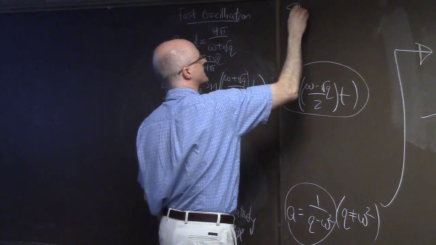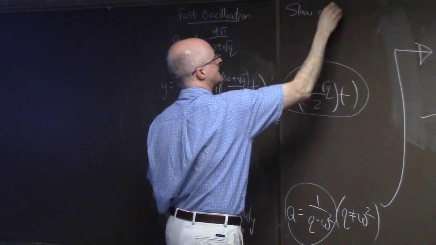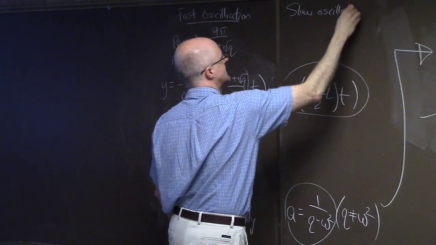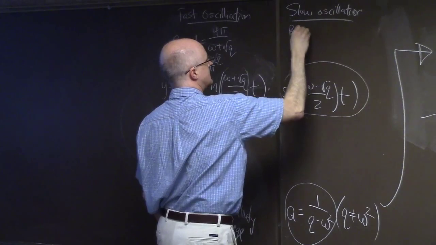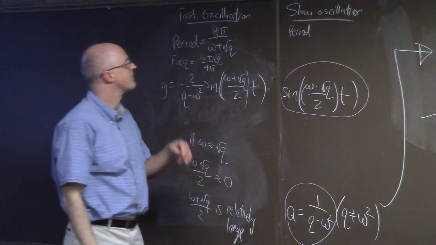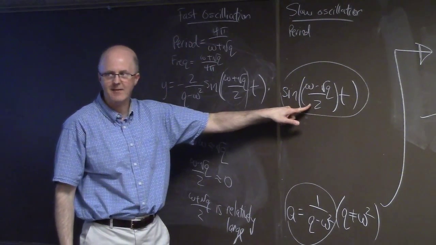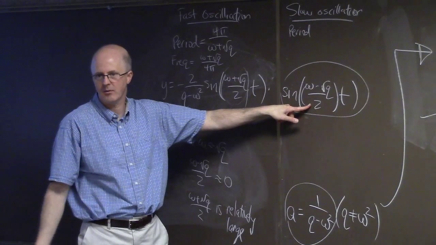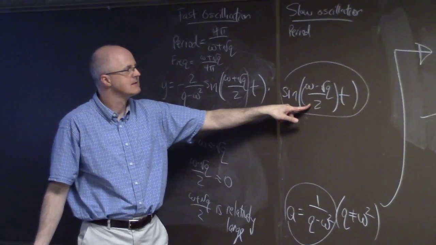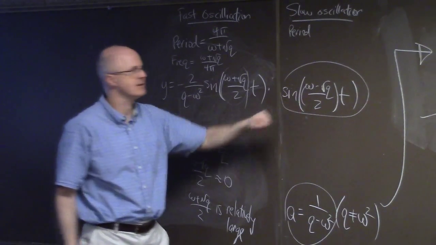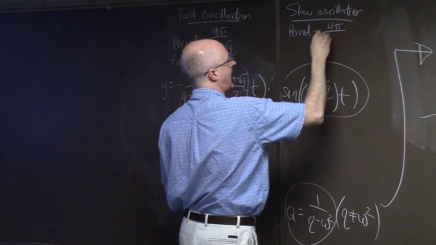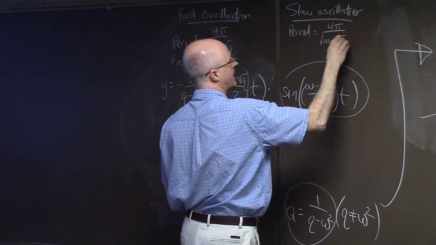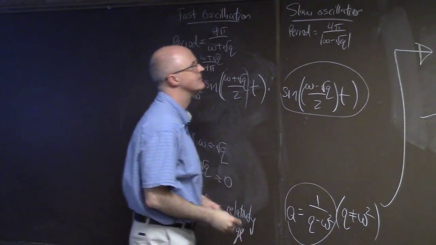And the slow oscillation, the period is going to be 2 pi over that. Now that could be a negative number even though omega and q are positive. So technically speaking, you should use absolute value signs. 4 pi over the absolute value of omega minus square root of q.